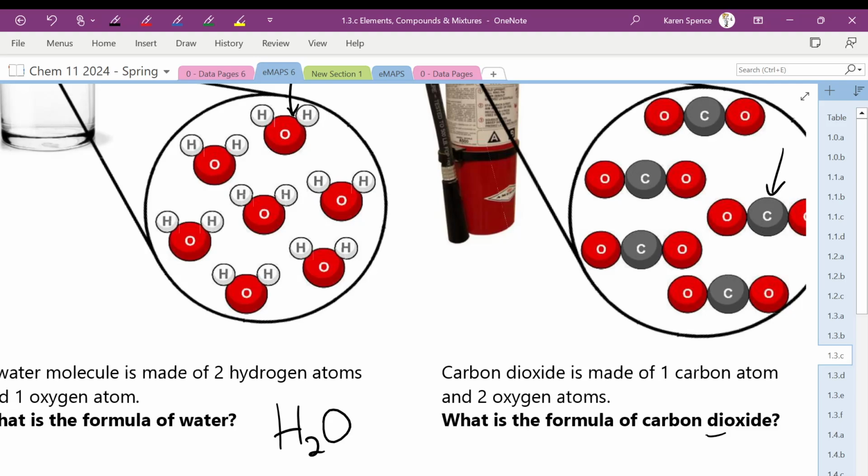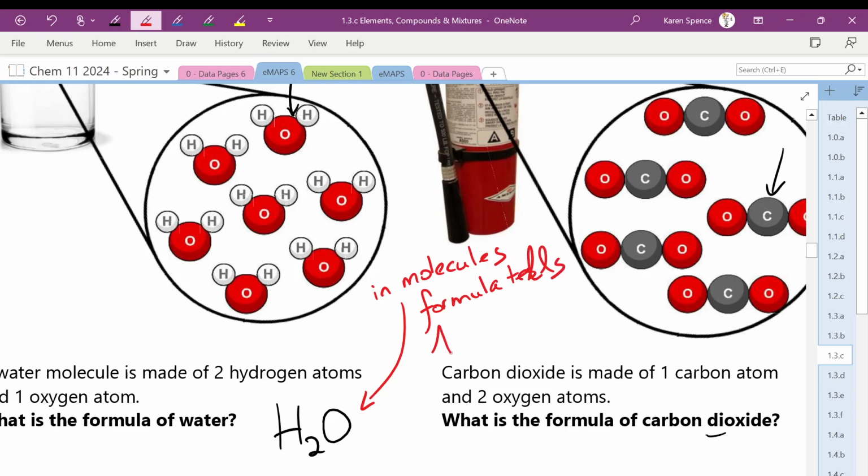Molecules, these are the actual number of atoms, not just the ratio.